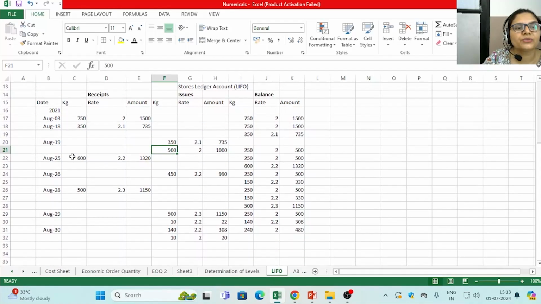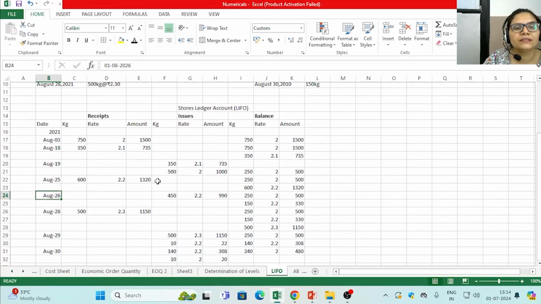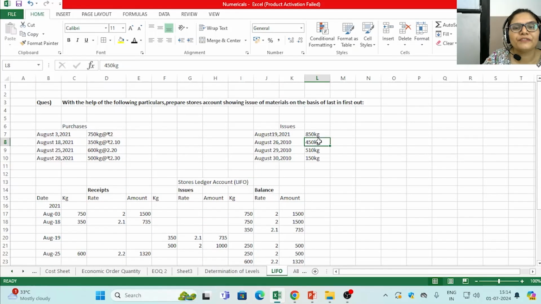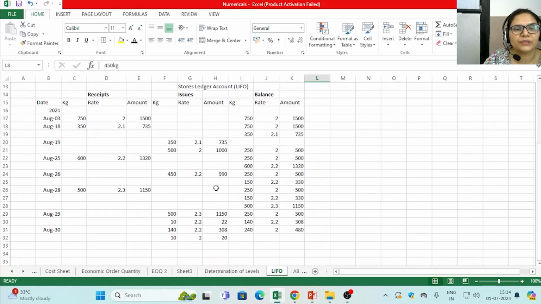Next is August 25, fresh purchases were done, and now I will carry forward the balance of August 19, 250, and now the August 25 balance of 600 units. Next on 26, 450 kg was issued. 450 I will issue from fresh purchases which were done on August 25.